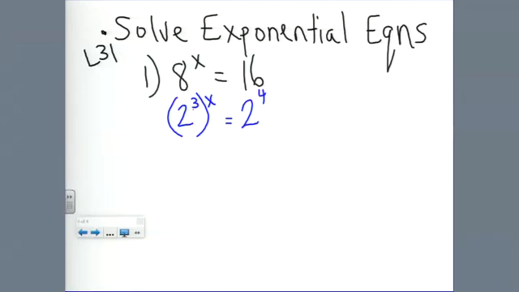So you set the exponents equal to each other and solve for x. When we divide both sides by 3, x is equal to 4/3.